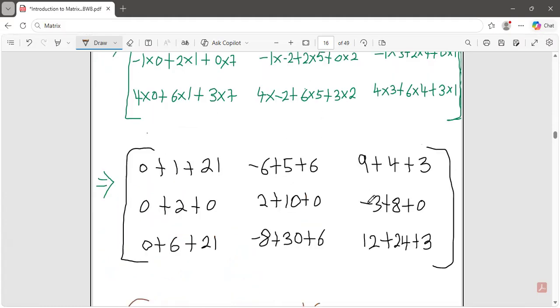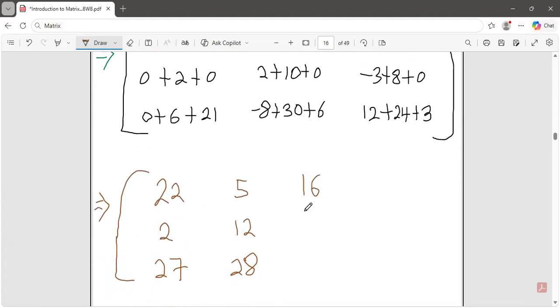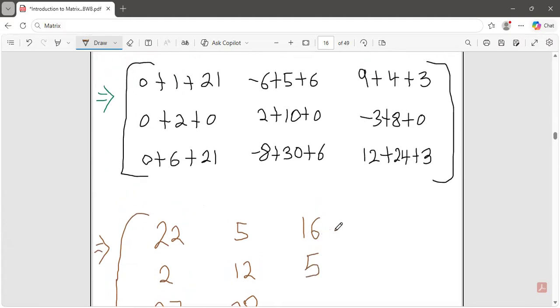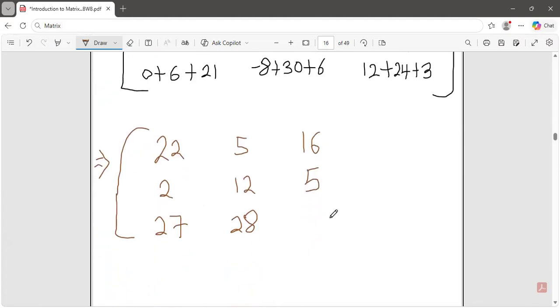And then negative 3 plus 8 plus 0 is just going to give us 5. So finally, the last but not the least, 24 plus 12, plus 3 would have given us 39.